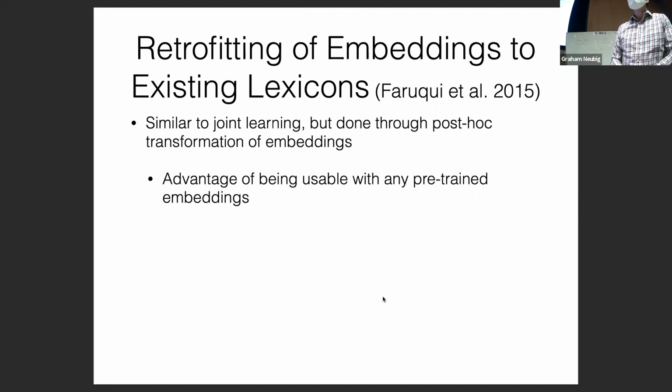So unlike jointly learning embeddings together with some sort of loss based on the knowledge base, this allows you to basically retrofit the existing embeddings into something that works together.